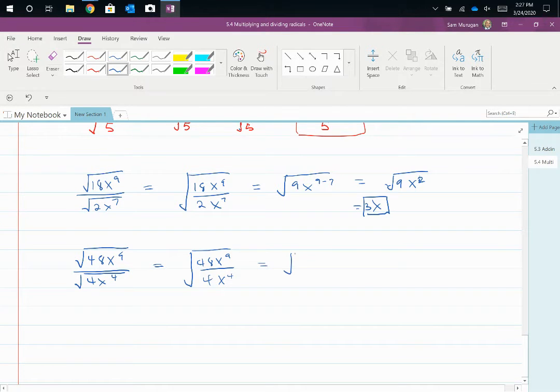So this is the square root of 48 divided by 4 is 12, and x to the power 9 minus 4. So this is the square root of 12x to the power 5. So write your x out here, 2 into 5, 2 2s are 4, and one single x remaining.